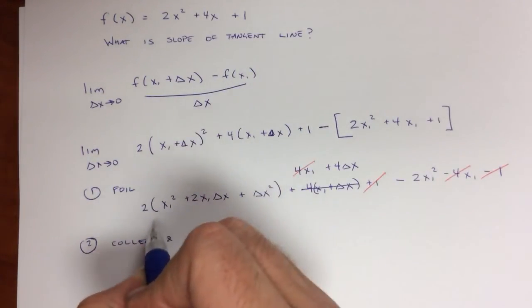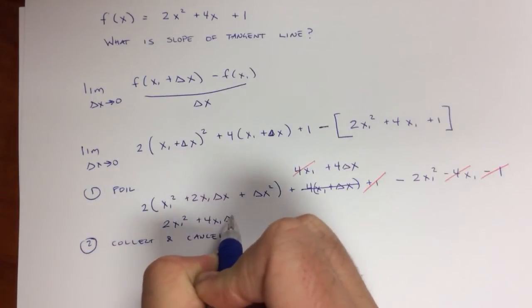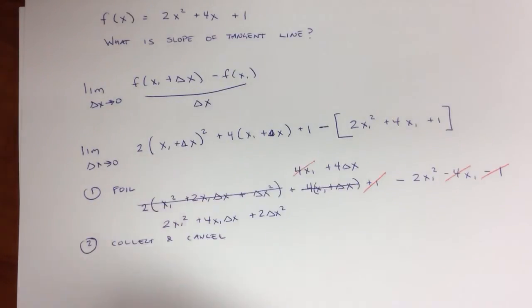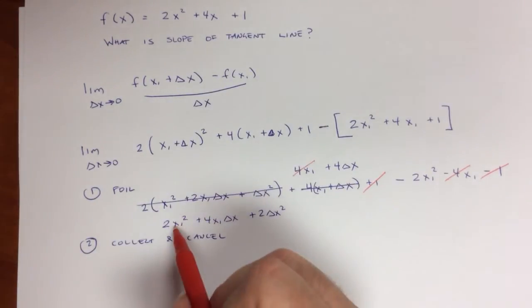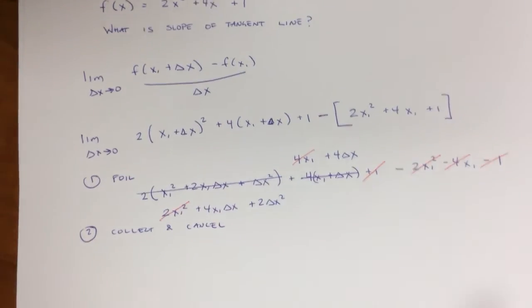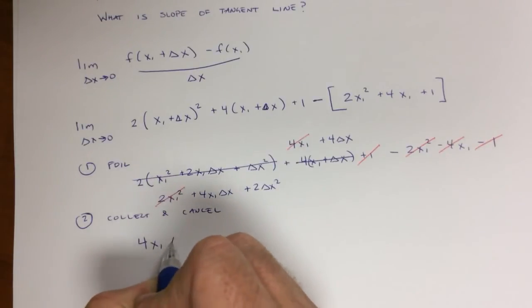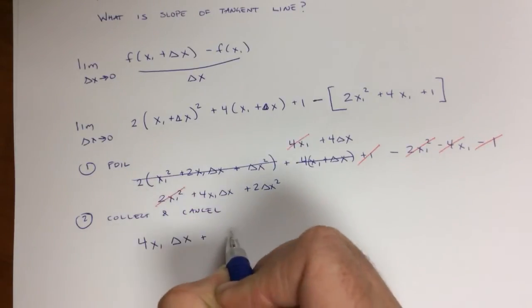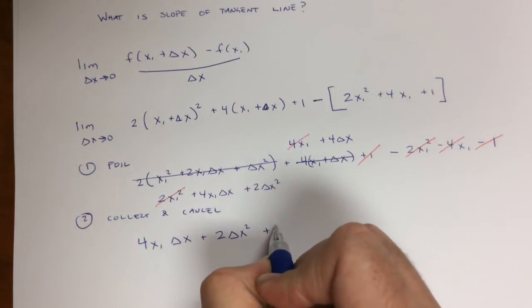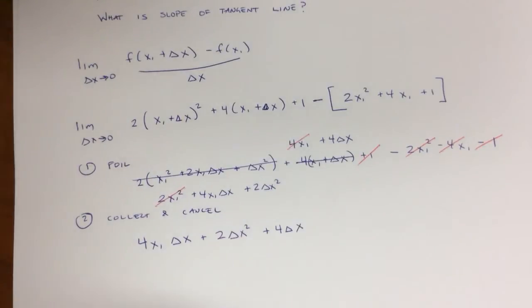I'll rewrite this as 2x1 squared plus 4x1 delta x plus 2 delta x squared. So that was that term there. I have a positive 2x1 here and a negative 2x1 there. So now what I'm left with is 4x1 delta x plus 2 delta x squared plus 4 delta x.